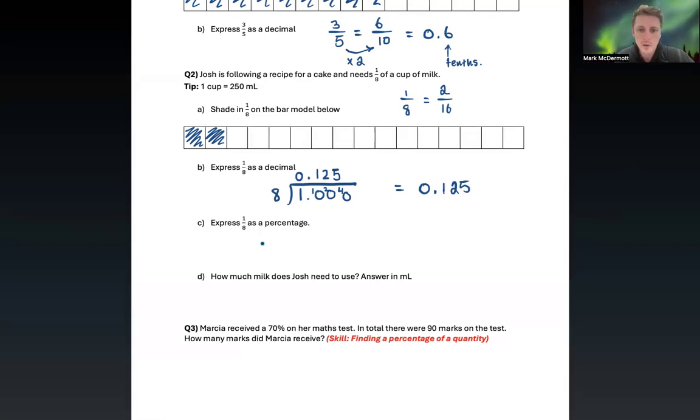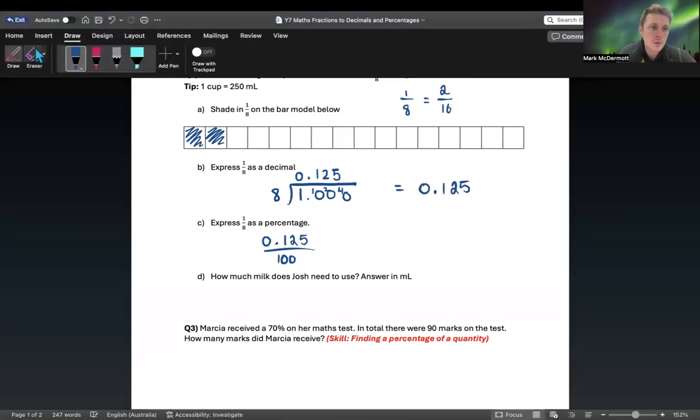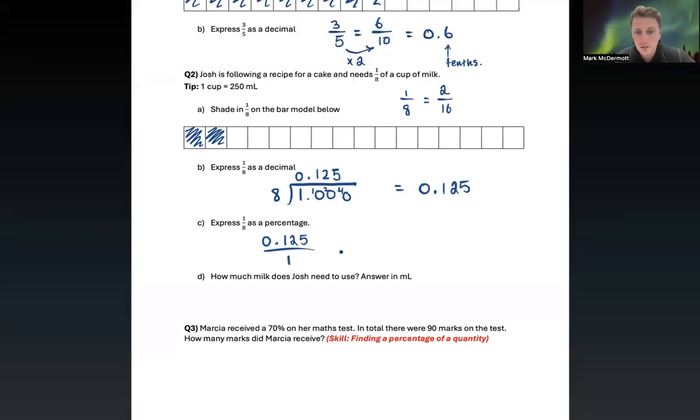Okay, now we need to express it as a percentage. When we're expressing something as a percentage, remember it means out of 100, right? So I suppose there's two ways we can think about it. We've got this decimal 0.125 out of 100. Sorry, no, out of 1 at the moment. Let me explain. So out of 1, that's just equal to 0.125. Divide anything by 1, you just get itself.